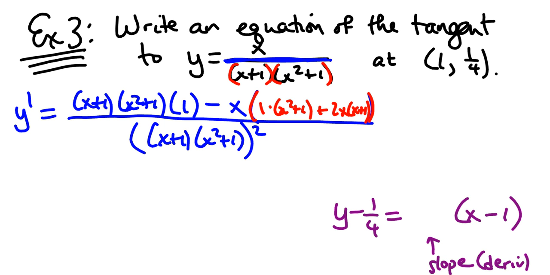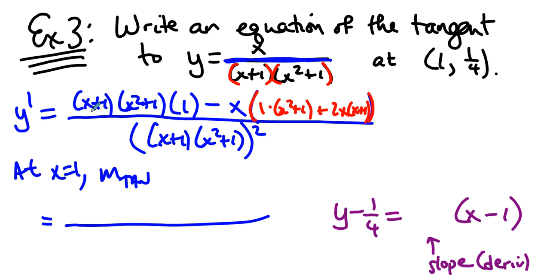derivative of a product. At x equals 1, the slope of the tangent line is 1 plus 1, 1 squared plus 1, 1 minus 1 times what's in here? Well, this is 1 squared plus 1, that's 2. This is 2 times 2, that's 4. 2 plus 4 is 6.